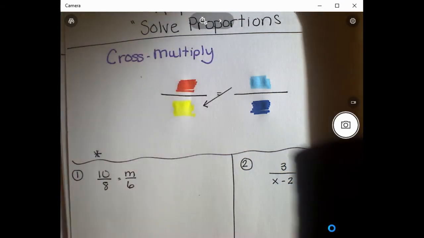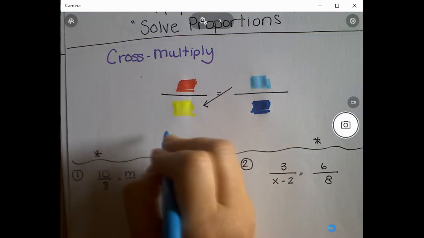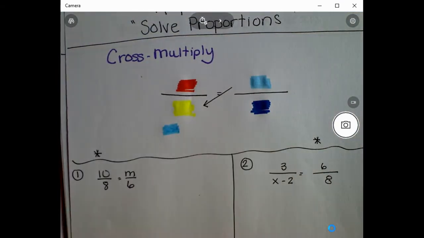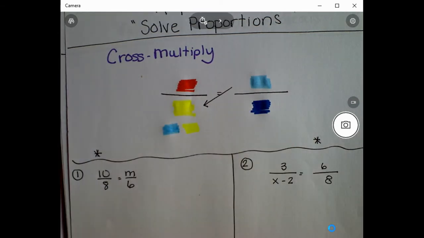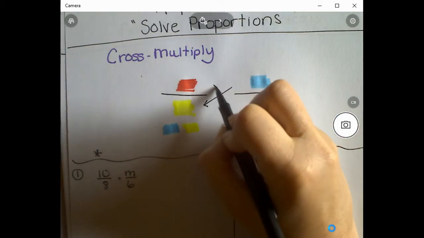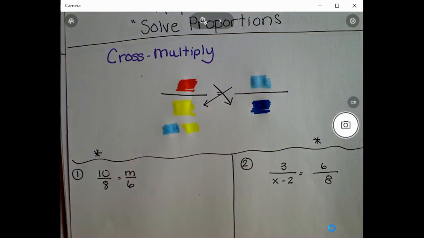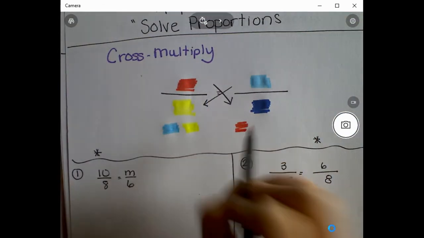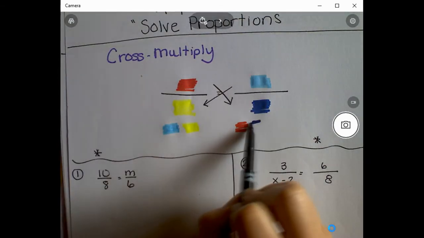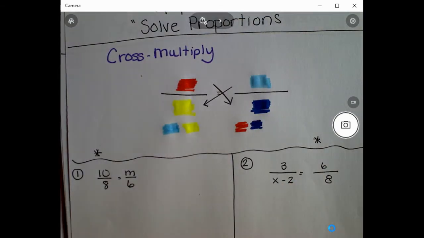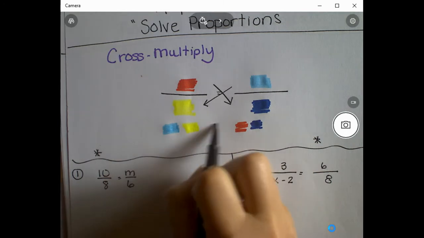You multiply the blue times the yellow on this side, and then you do the same thing the other direction. So you'll have now on this side the red and the blue, and these are equal to each other.